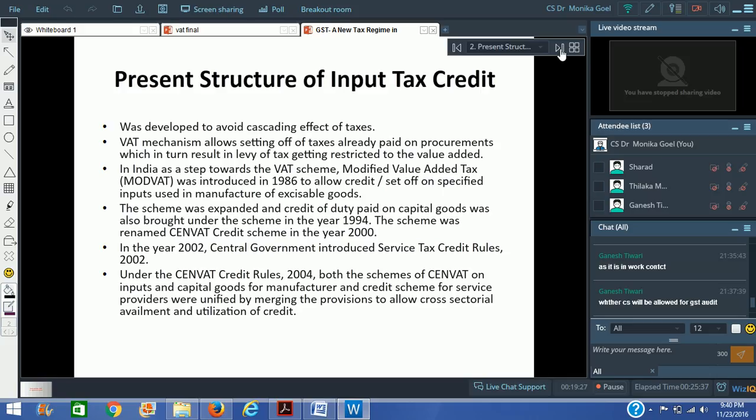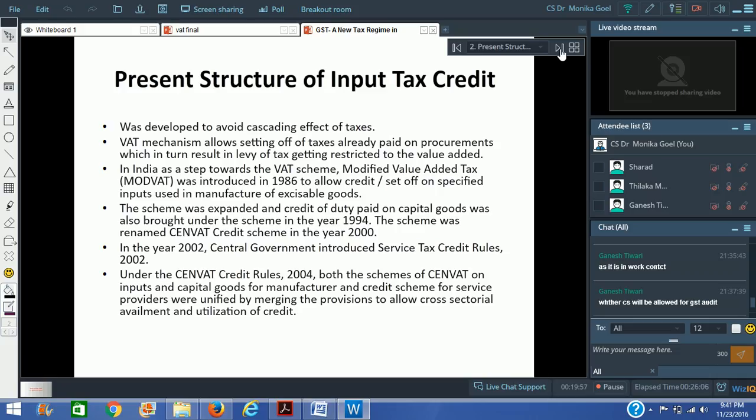So this particular concept was started, as I said, in 1986 under the scheme of MODVAT, where certain specified inputs were allowed set off of credit. The scheme was further extended in 1994, and capital goods were also brought into the scheme. Then in the year 2000, it became the CENVAT credit scheme, from MODVAT to CENVAT.